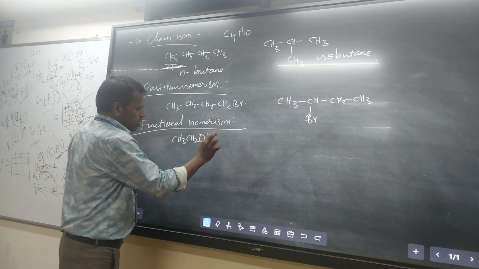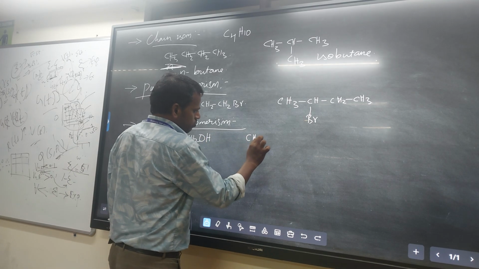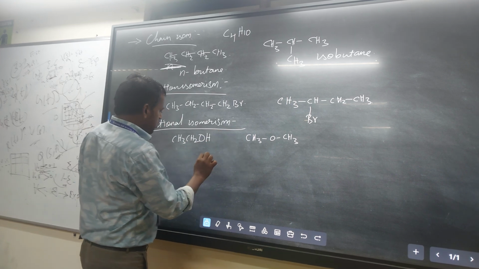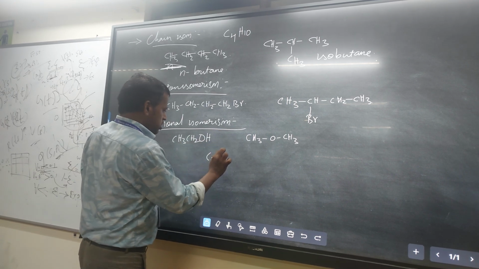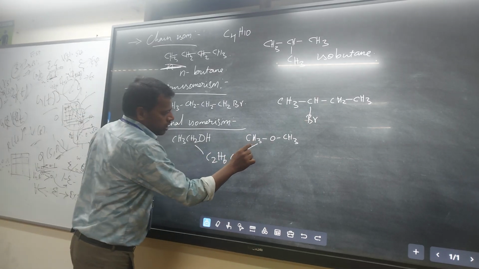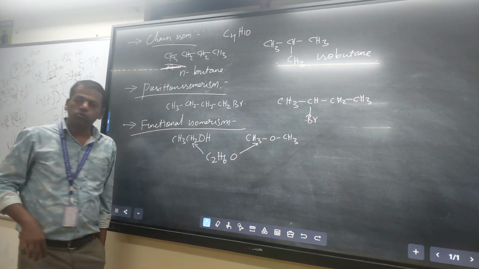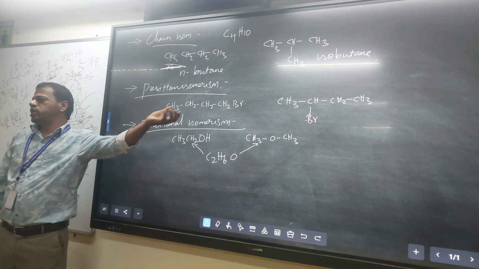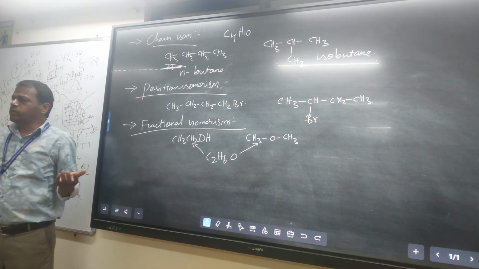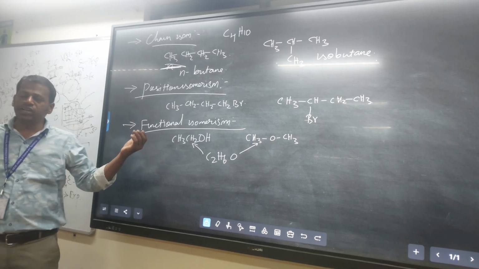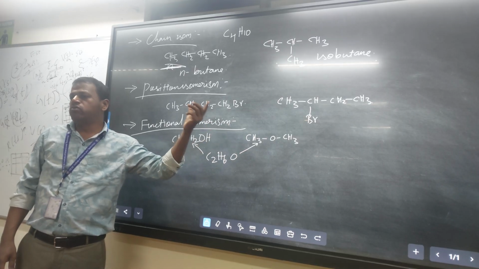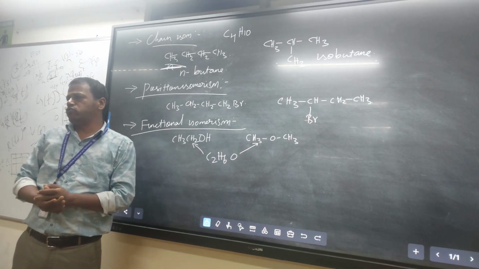What is the molecular formula? C2H6O. It exhibits an ether group and also an alcoholic group. So this is functional isomerism: the same molecular formula, but giving an ether functional group and an alcoholic functional group.